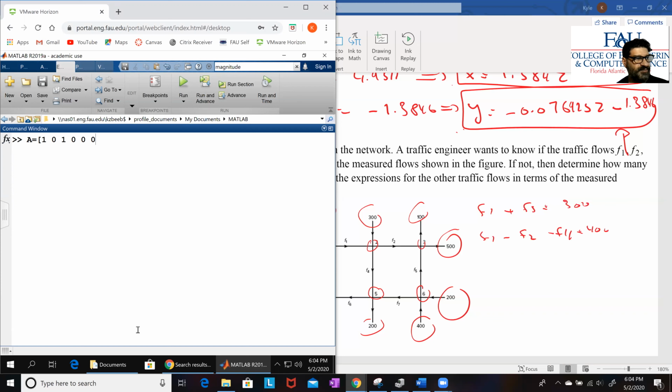So remember, there's 1, 0, 1, 0, 0, 0. Actually, let me see, 1, 0, 1, 0, and then the columns 1, 2, 3, 4, 5, 6.